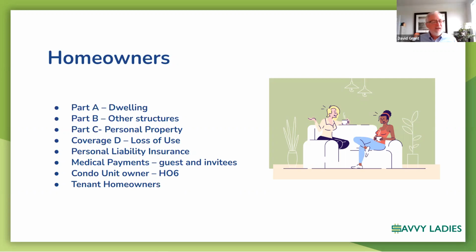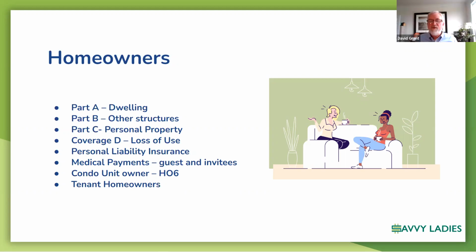So I mentioned an HO1, an HO2, HO3, and an HO5, all variations of the homeowner's policy. An HO4 is what somebody buys when they're renting. And when you're renting a property, you don't insure the building because you don't own it.